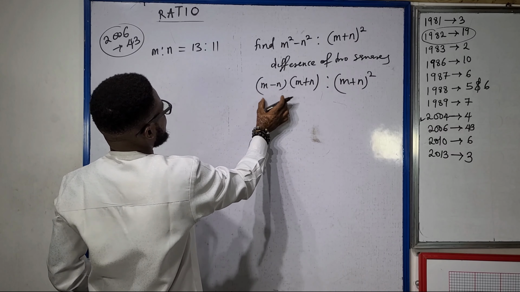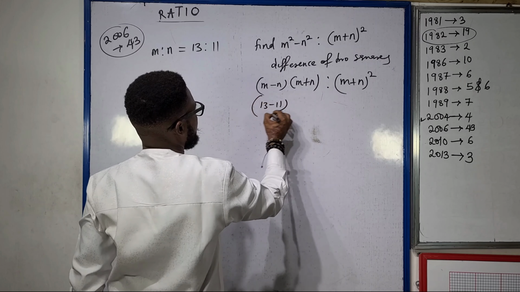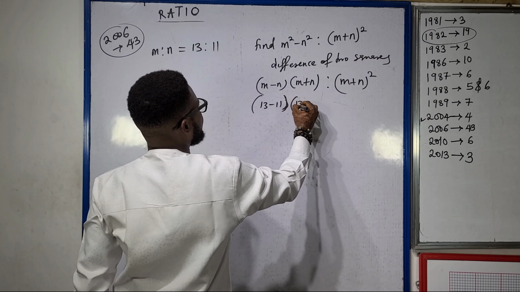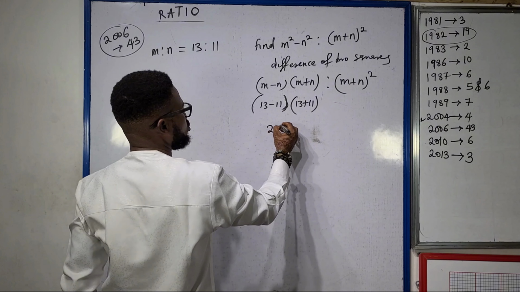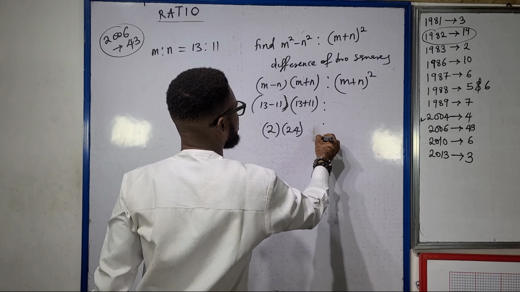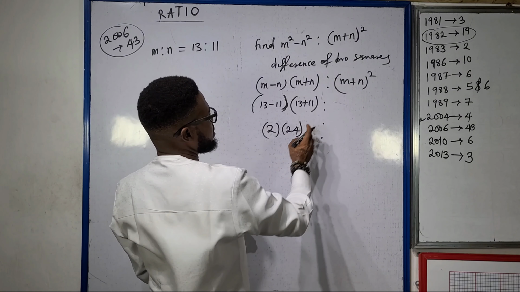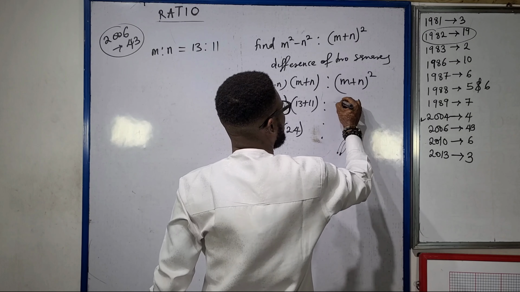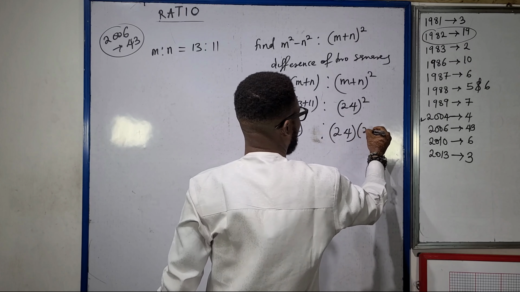Now what is m minus n? m minus n, that is 13 minus 11, and then 13 plus 11. So 13 minus 11 is 2, and then this is 24 ratio, okay? m plus n actually means 13 plus 11, and that is 24 squared. 24 squared is like 24 times 24.